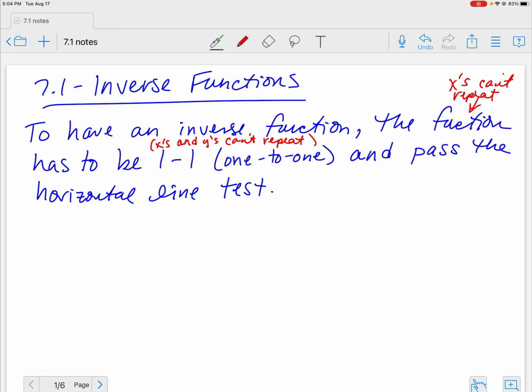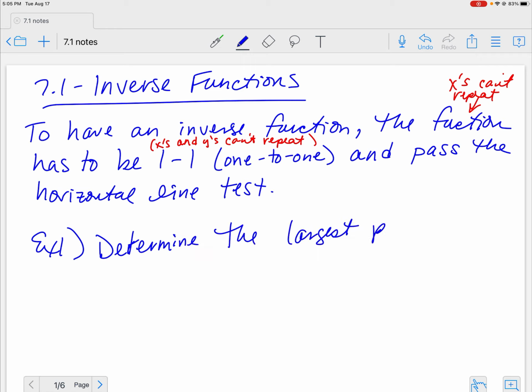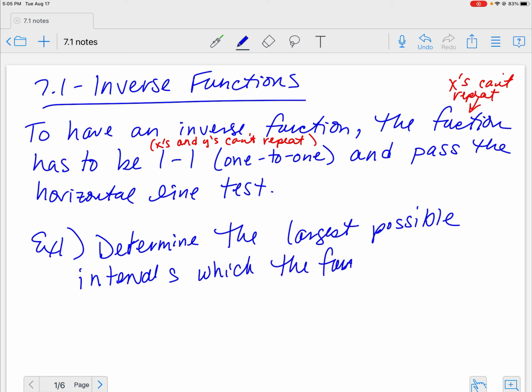All right. Let's take a look here at example 1. Let me go back to blue. So we are going to determine the largest possible intervals which the function is 1-to-1.